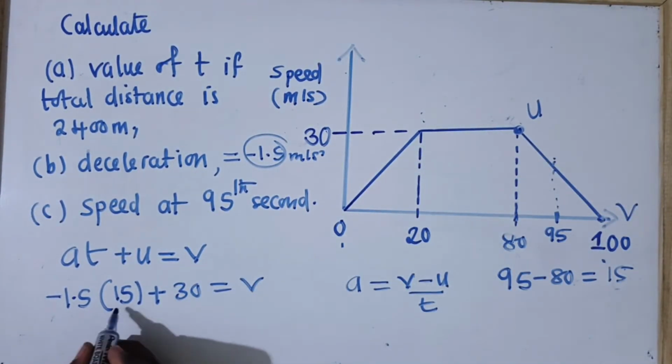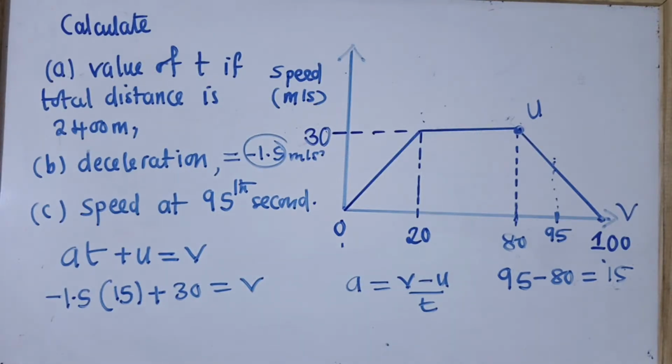Okay? When you multiply these, you multiply negative 1.5 times 15. What are we getting? I think we've missed it. Are we doing the right thing? Yeah, sorry. We're getting 22.5.